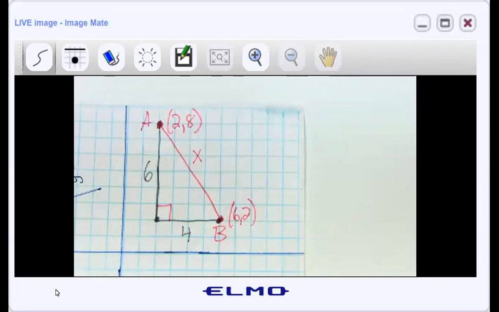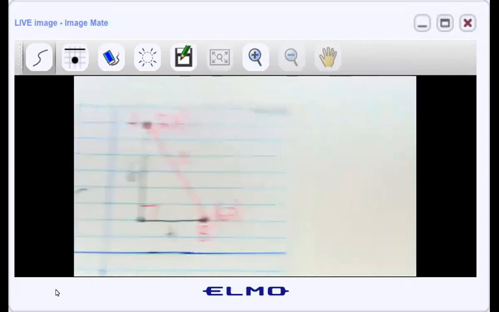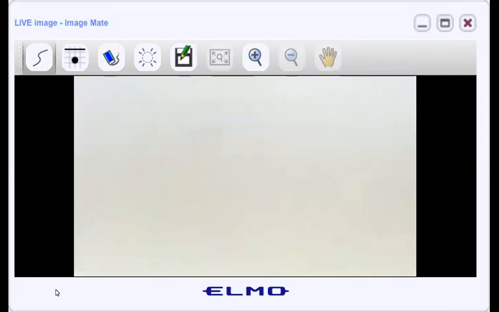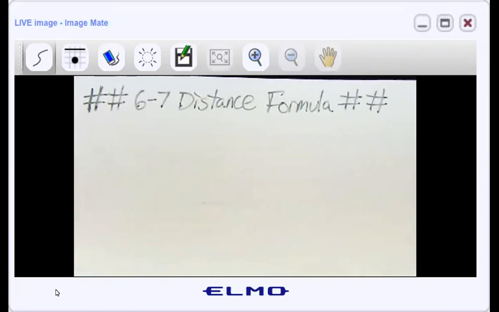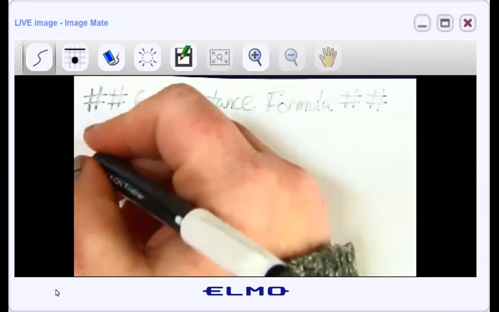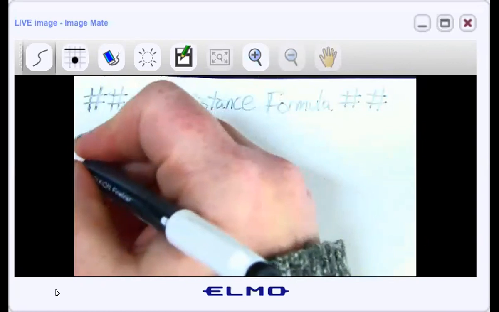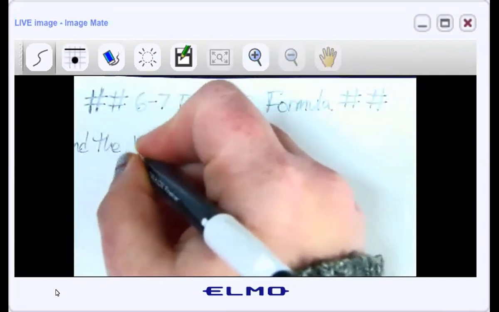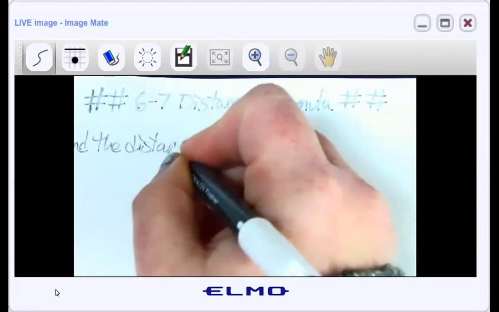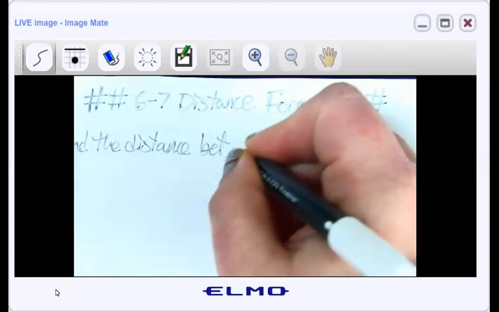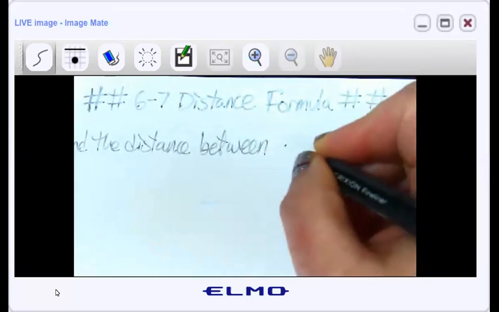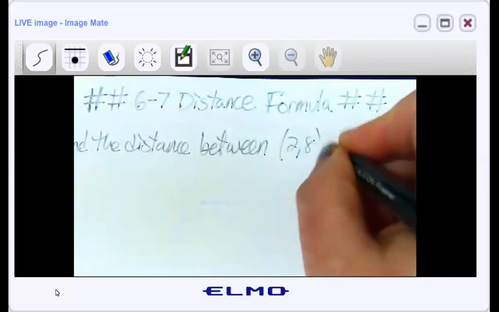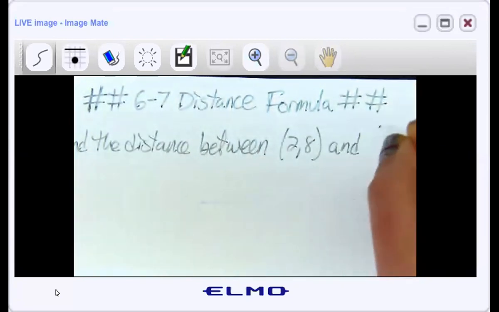Okay, so that's our goal. Let's come over here and do this. Find the distance between (2, 8) and (6, 2).